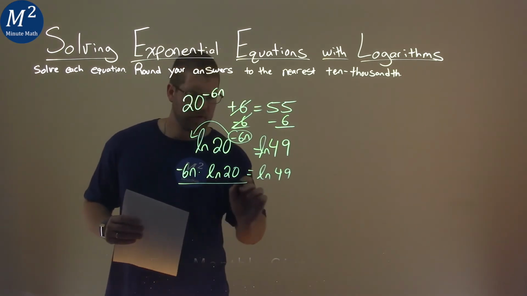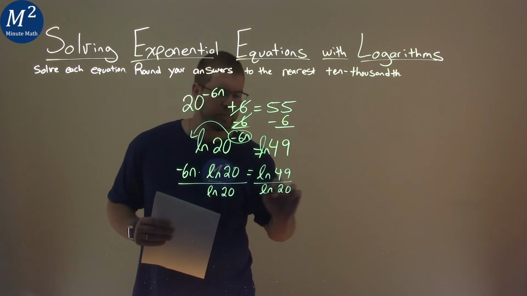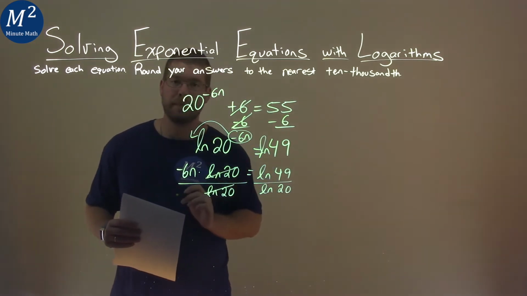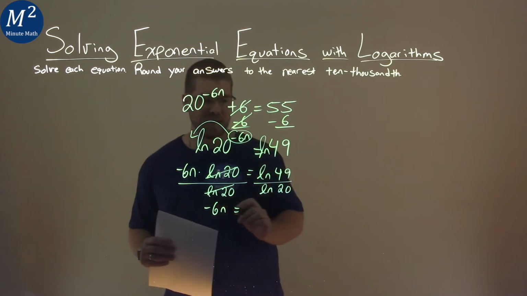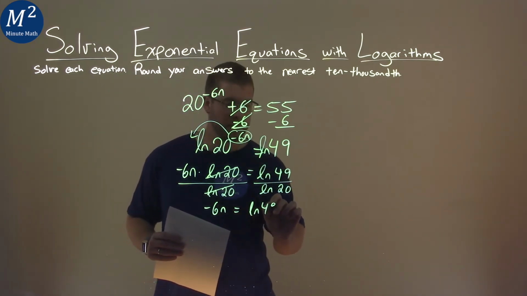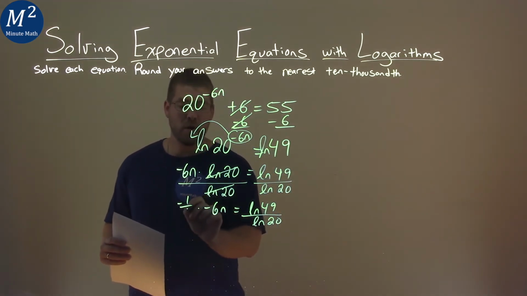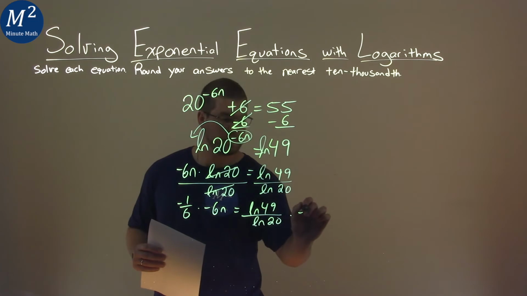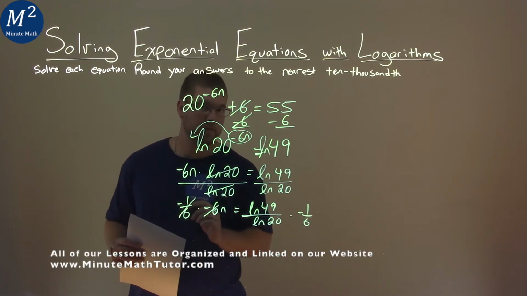I divide both sides by natural log of 20 here, and that cancels right there. I have a negative 6n now on the left, and on the right I have natural log of 49 over natural log of 20. I can multiply both sides by negative 1 over 6. And this is going to cancel the negative 6 on the left.